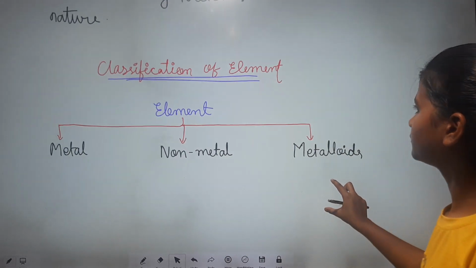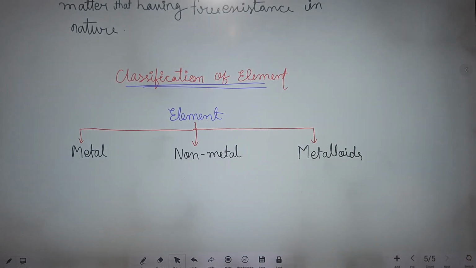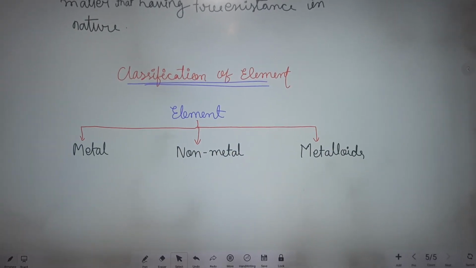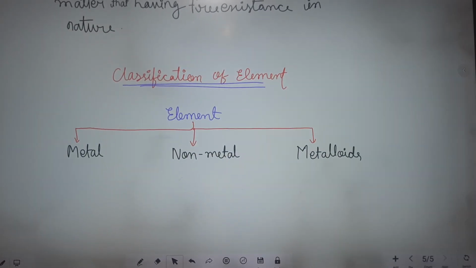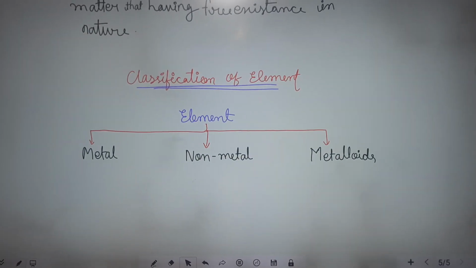So elements are divided into three parts. First one is metal, non-metal, and metalloids.